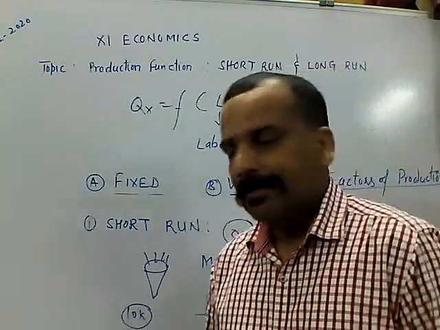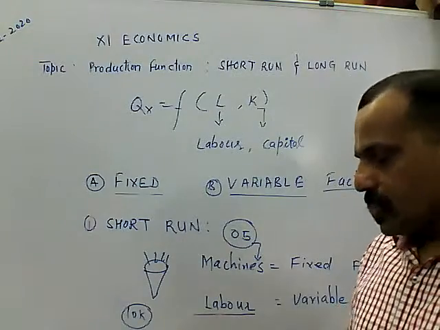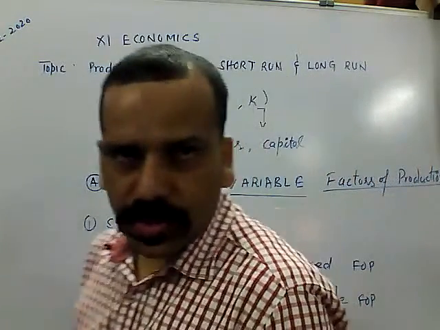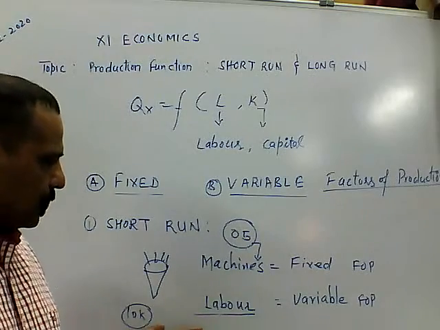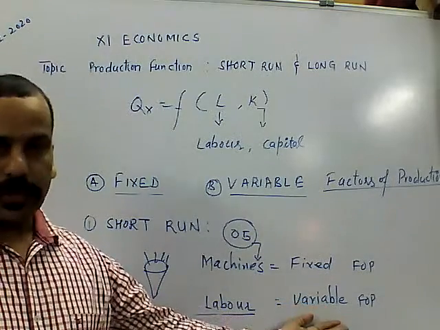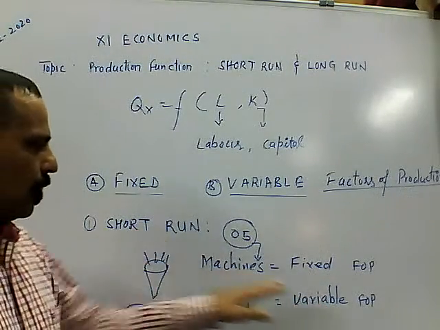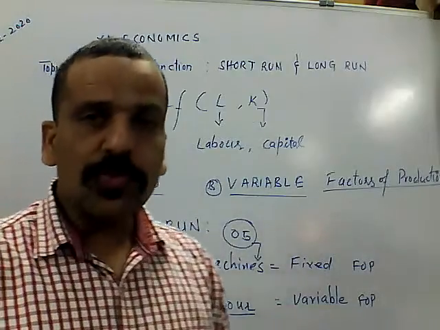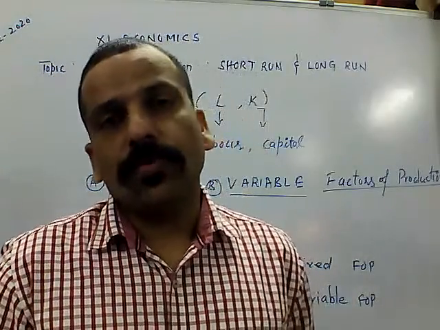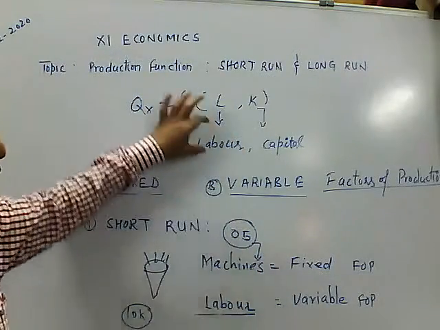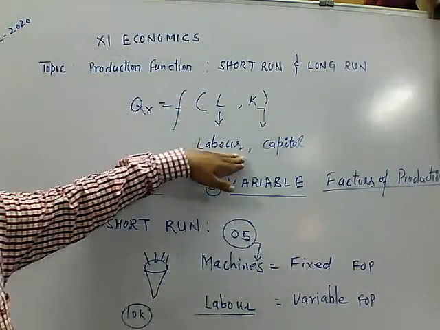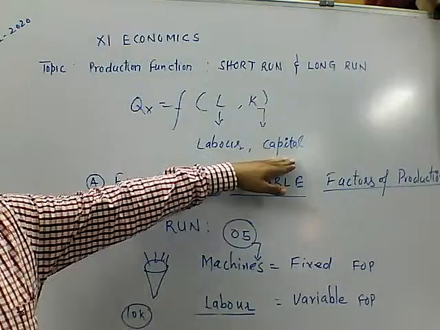Your capacity is around 2,000 or 3,000. So if you want to increase more, you have to hire variable factors of production in the shorter period of time. What you can do to produce more is recruit more labor. Capital can't be changed in the short run.